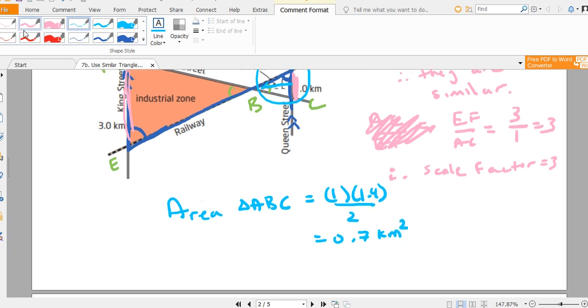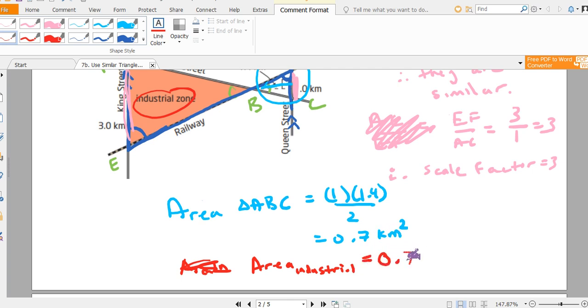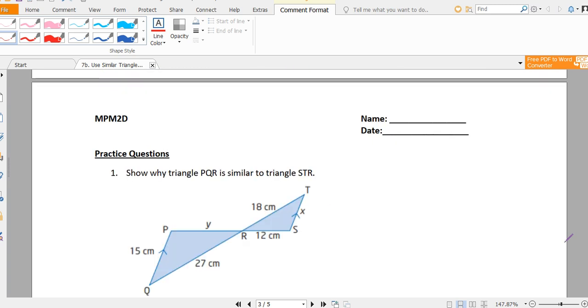So then the area of the industrial zone, which I'll use red, will be equal to 0.7 times, what was the scale factor? 3 squared. And that will equal to, I believe, 6.3. Just going to double check. Yep. 6.3 kilometers squared. Okay, awesome.